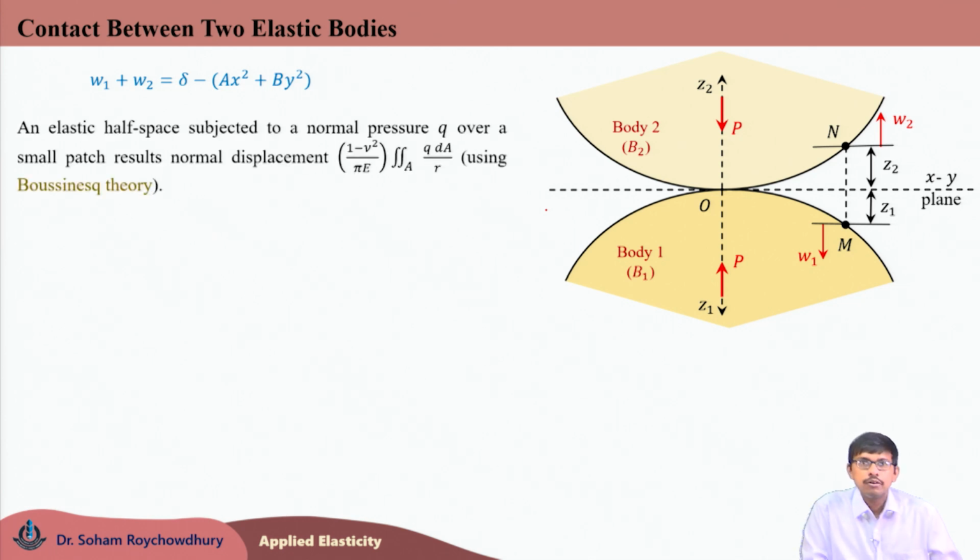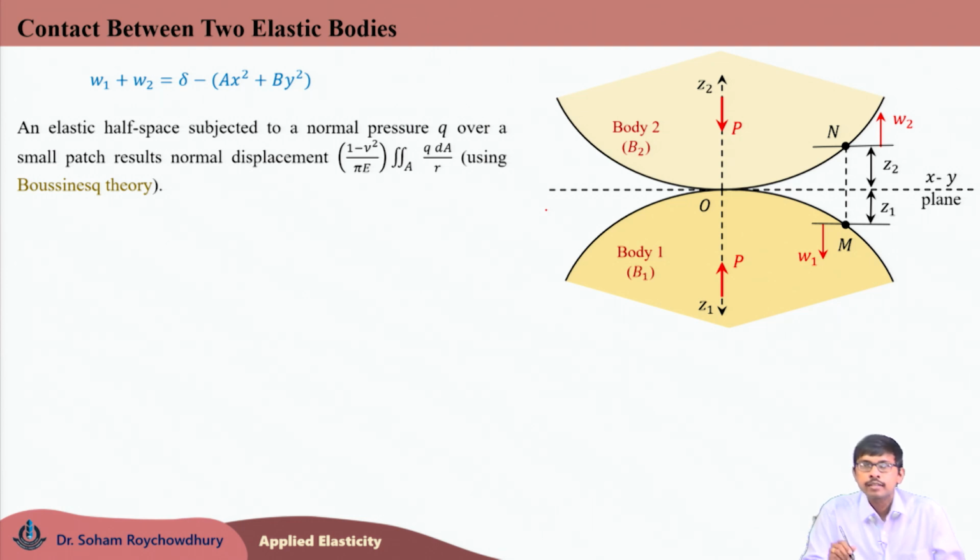Now, for an elastic half space subjected to a normal pressure intensity, let us say q, over a small patch, the normal displacement component using the Boussinesq theory can be obtained like this: (1 minus nu square) by pi E, area integral of q dA by r. This is simply an extension of the Flamant problem. For the Flamant case, a single line load of intensity W was applied.